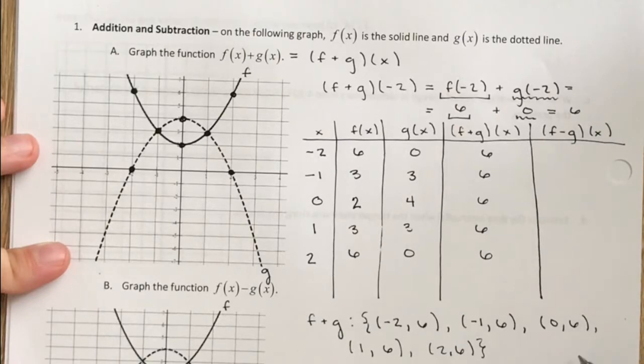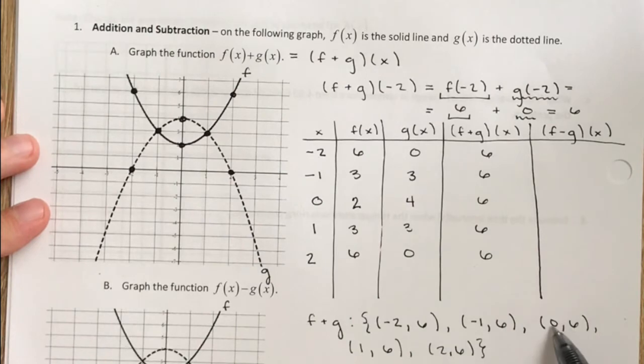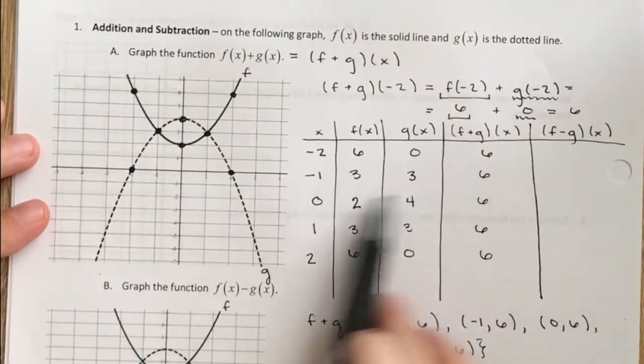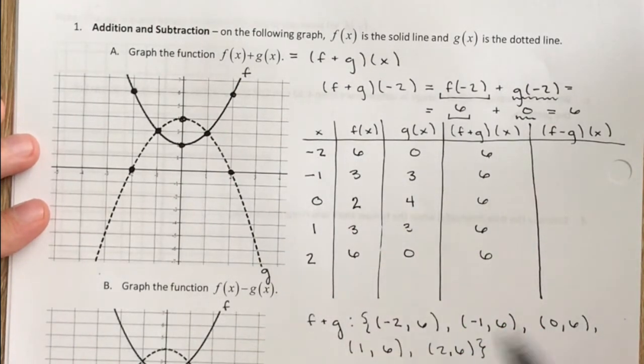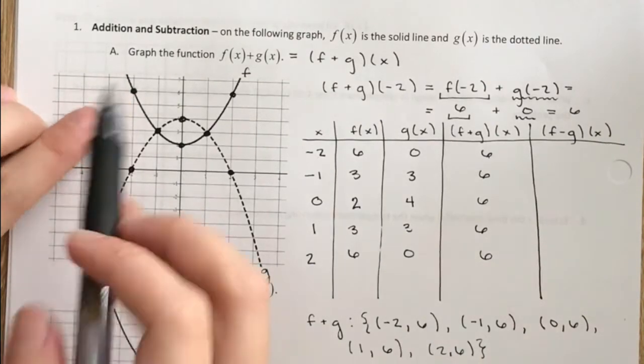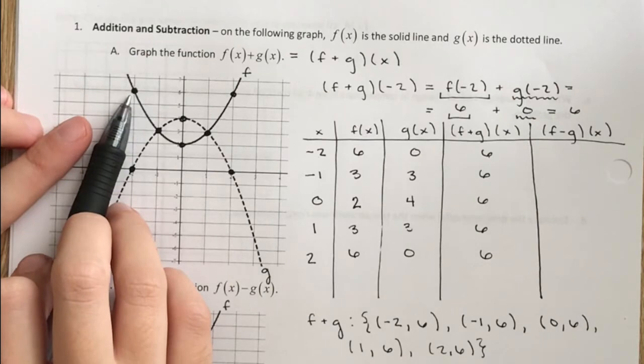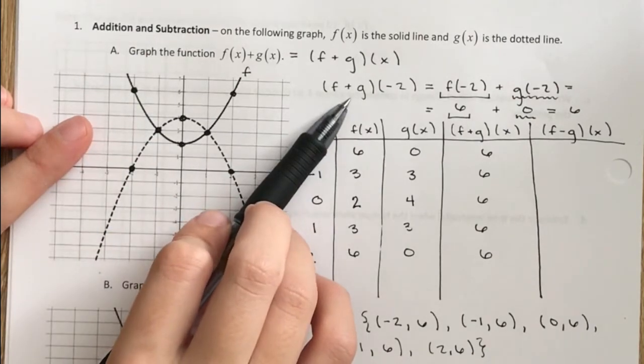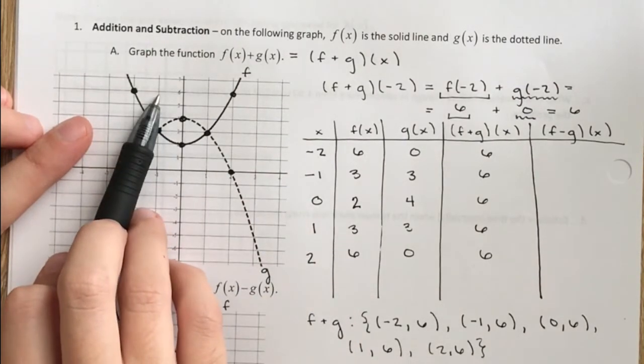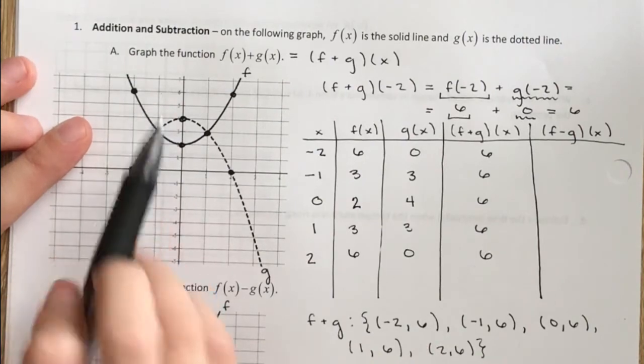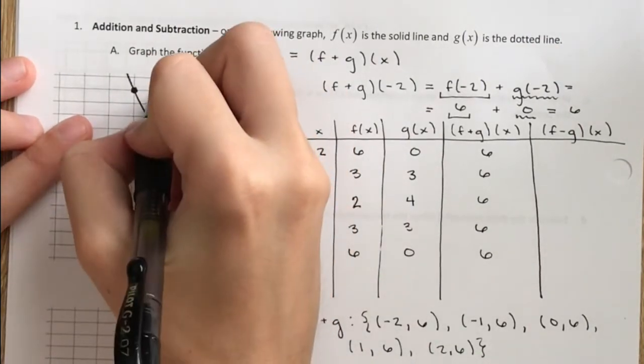All right, did we get this? Very simple. We just start gathering x and y values together. So these are the points on the graph. Let's go ahead and graph them. So we have -2, 6 graphed already from when we did it up here. Next point is -1, 6.